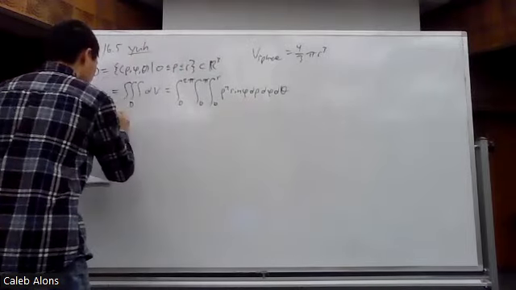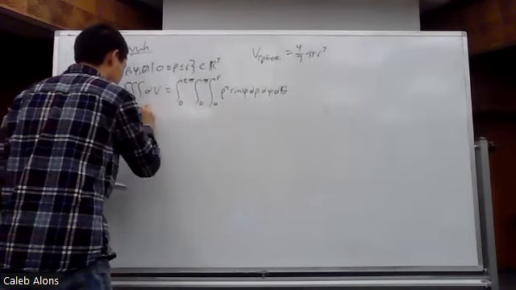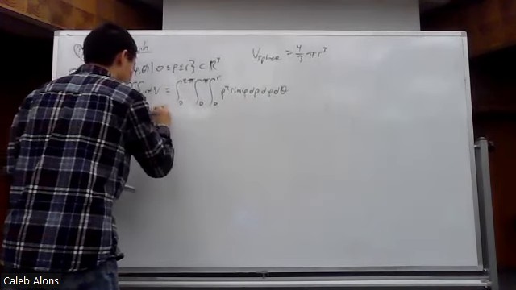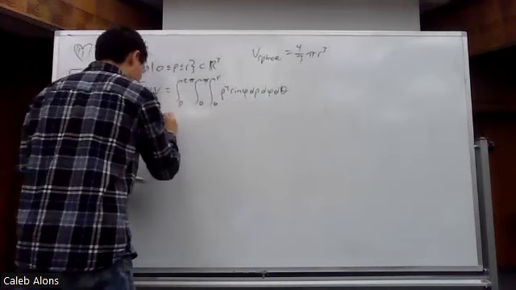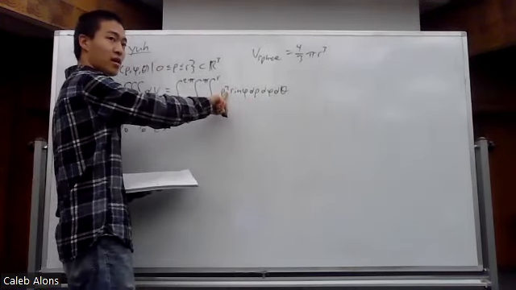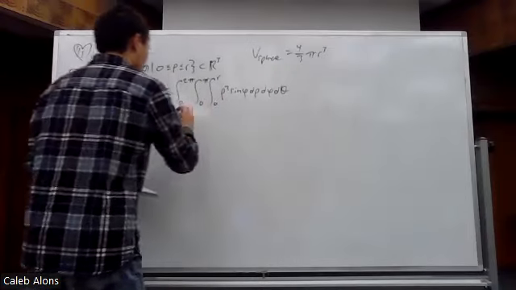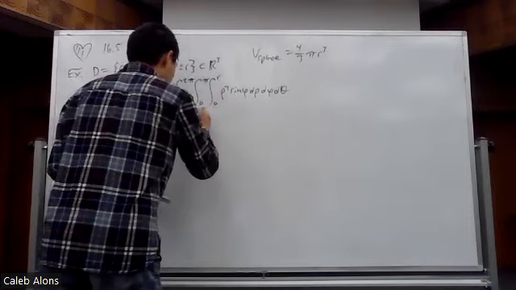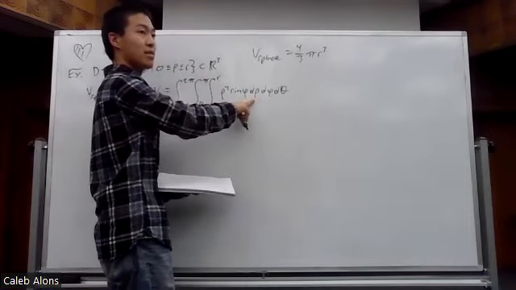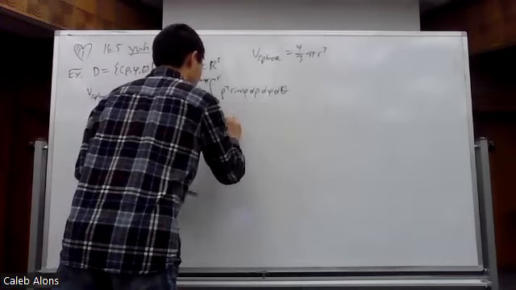So when we anti-differentiate, we're gonna have 1/3 rho cubed, because we raised the power of rho by 1 and divided by that new power, 3. Sine phi is being treated as constant because we're integrating with respect to rho. And then the rest is chilling, d phi, d theta.